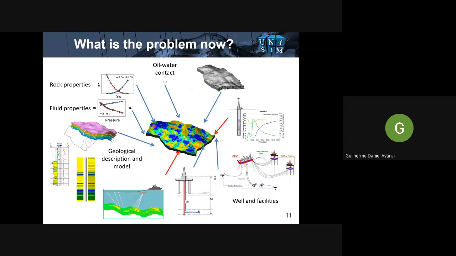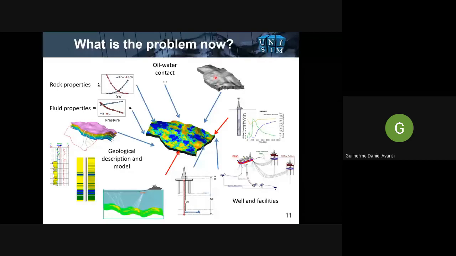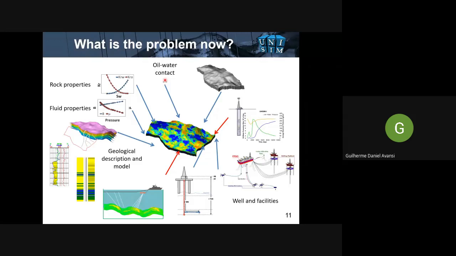So we have this grid, a spatial grid that we need to build in order to include all the information that you have in each block. Sometimes you have an aquifer or a gas cap, right? We need to map this oil water contact, and we need to identify if this aquifer is active or non-active.